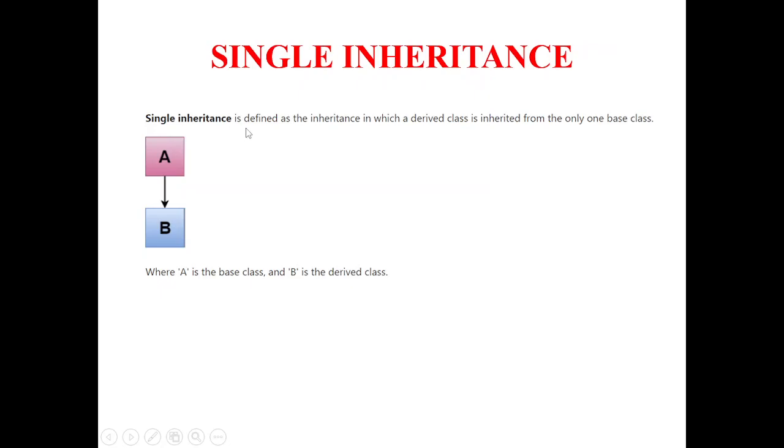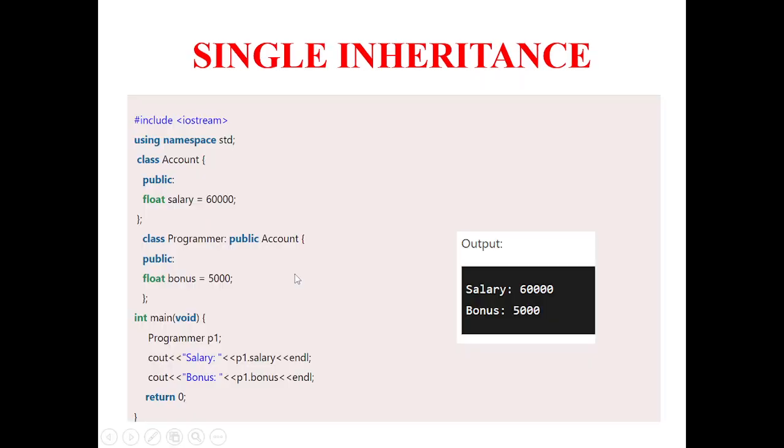Now single inheritance is defined as inheritance in which a derived class is inherited from only one base class. So we have A as a base class, B as a derived class. If you see the single inheritance example, I have the class account, I have declared the salary as 60,000, and I say that they are providing a bonus to the programmer, say 5,000.